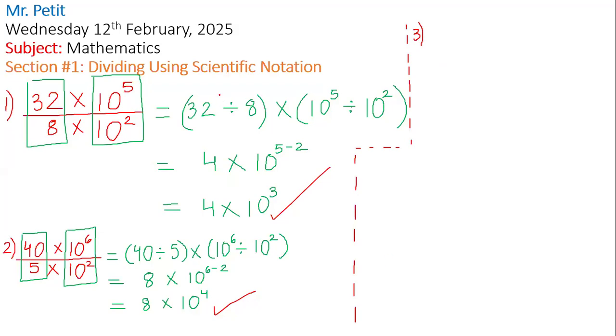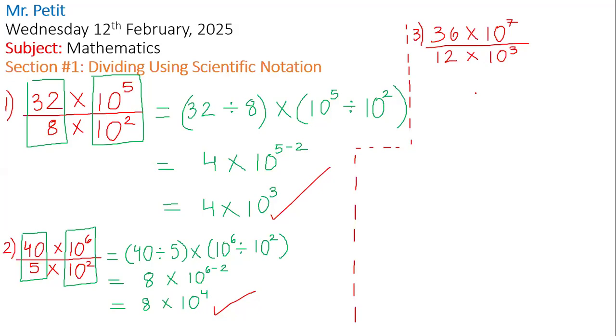Say we have 36 multiplied by 10 to the power of 7, all over 12 multiplied by 10 to the power of 3.